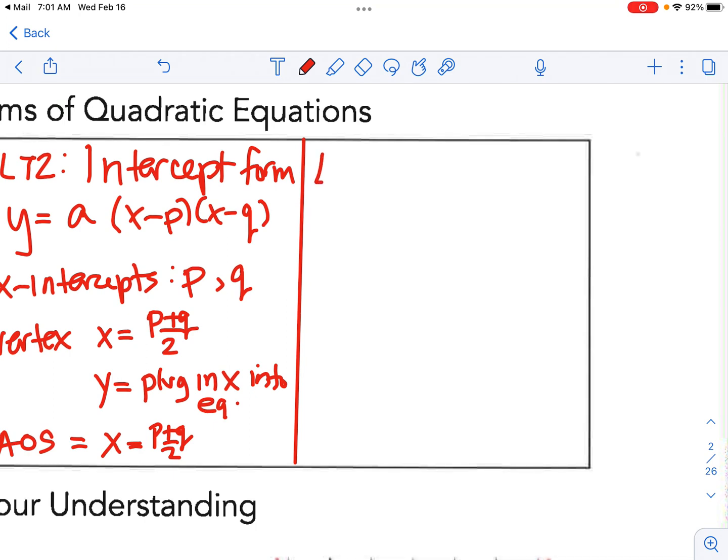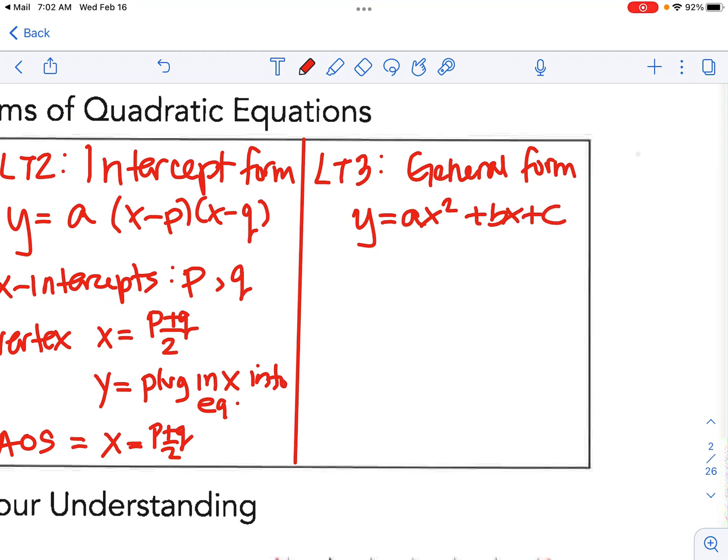And then, as I alluded to at the beginning, working my way backwards through the learning targets, we still have the general form, a standard form, so to speak: y equals ax squared plus bx plus c. Its vertex x coordinate is the opposite of b over 2a. I can't remember if we did that at the beginning of this current semester or the end of the last semester.